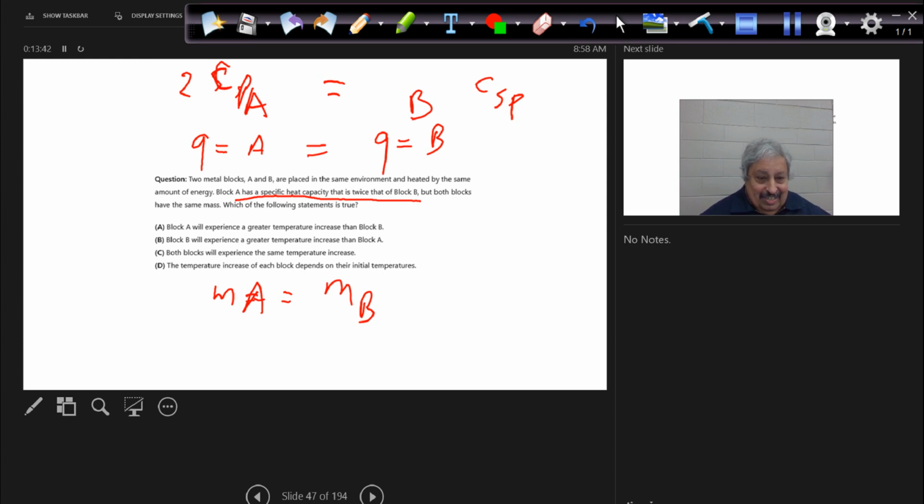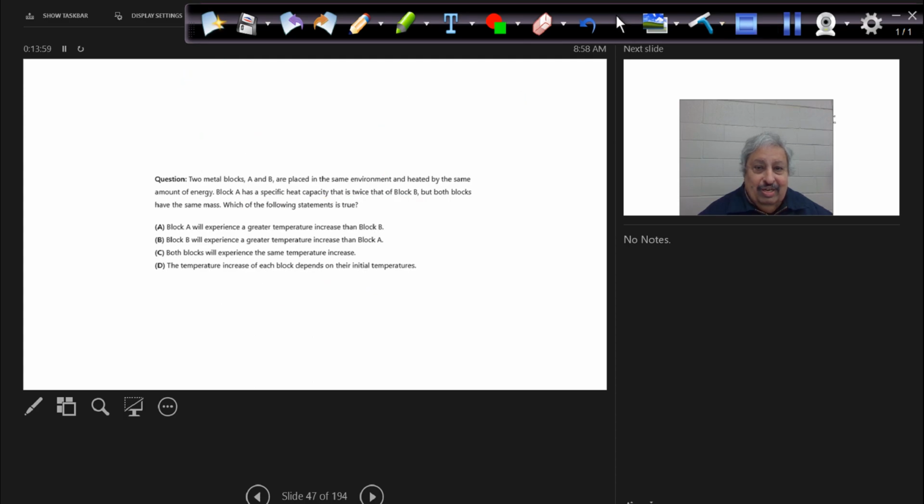Or the temperature increase of each block will depend on their initial temperature. So I'll put both cases here and we will see. Okay, guys, let's do this. Q of A equals mass of A multiplied by the specific heat of A, which is twice the specific heat of B.